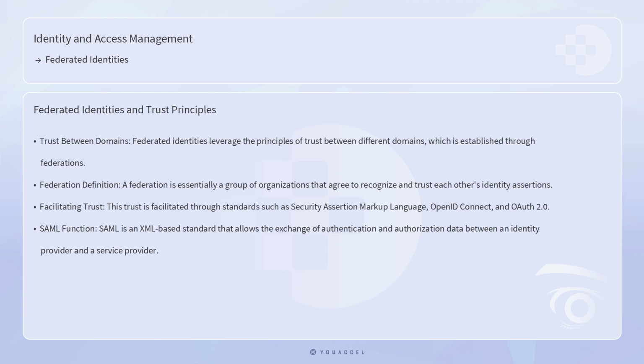These standards define the protocols for exchanging authentication and authorization information between the entities involved. SAML, for instance, is an XML-based standard that allows the exchange of authentication and authorization data between an identity provider and a service provider. The IDP is responsible for authenticating the user and providing an assertion to the SP, which trusts the IDP's assertion to grant access to resources.